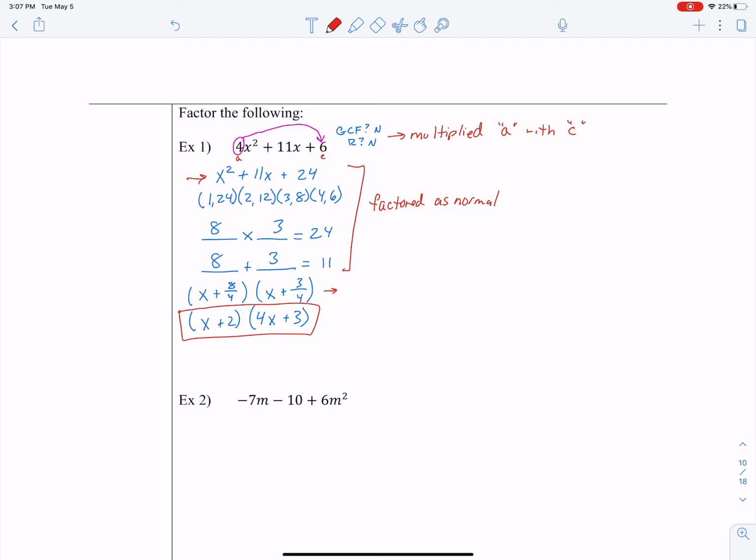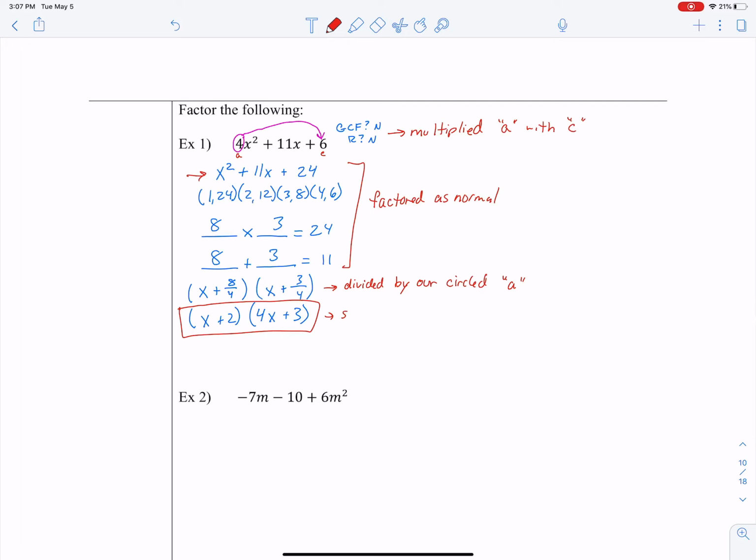Then we divided by our circled a value from the beginning. So we divided based on this circled value from the beginning. So we got our 8 over 4 and our 3 over 4. And in this one, we simplified.